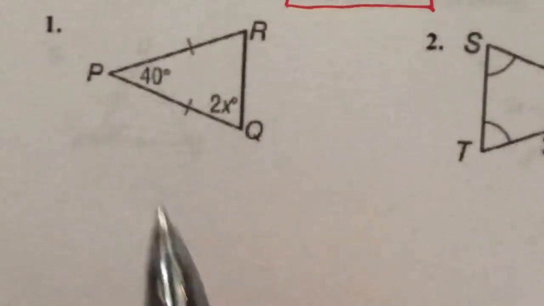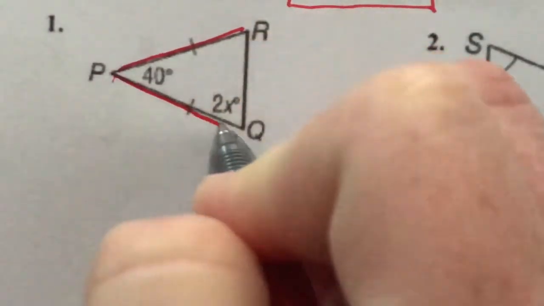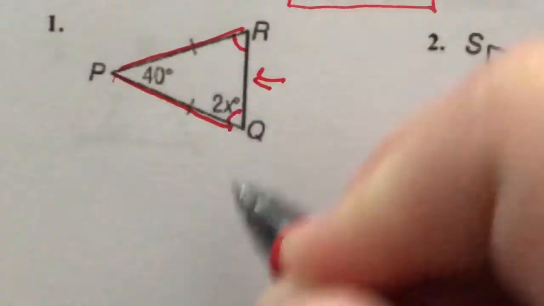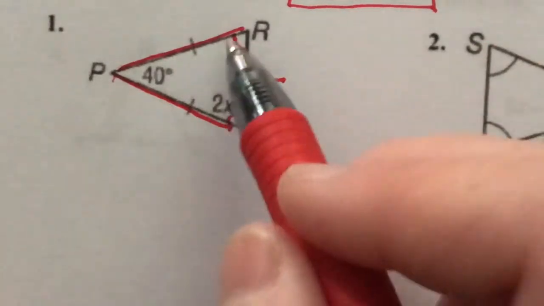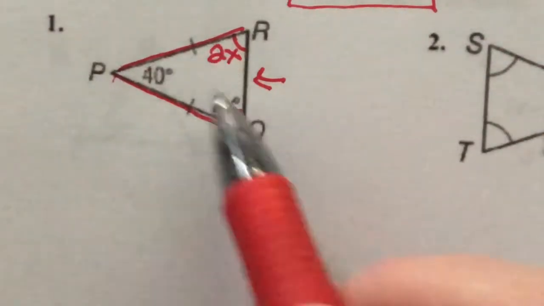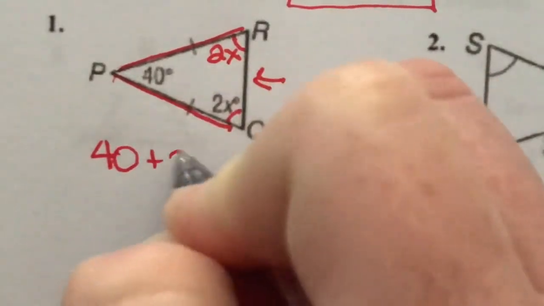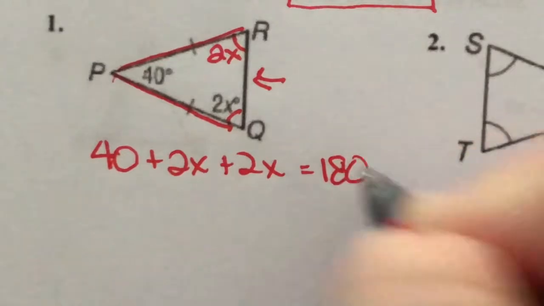Okay, so for number 1, we have two sides marked congruent, this guy and this guy, which means this is our base. So these are our base angles, right? The angles across from the congruent sides are congruent. Okay, so I know that angle R has to be 2x, has to be the same as angle Q. And I know that all three of these angles add up to 180 degrees. So 40 plus 2x equals 180.